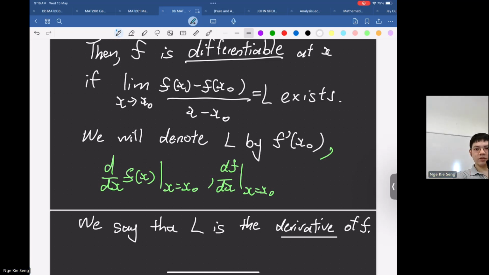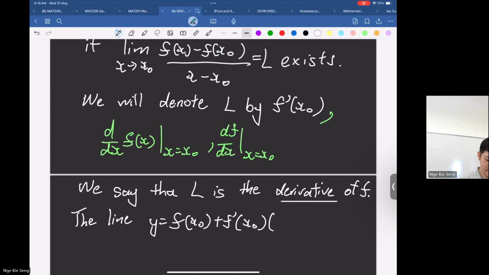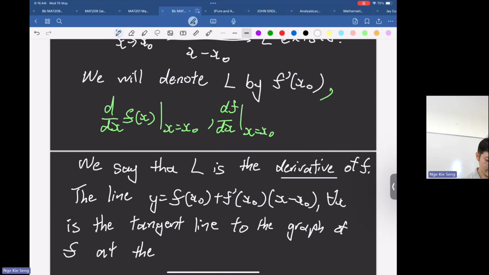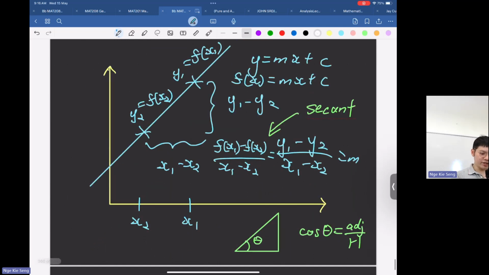So let me put here, the line y equals f(x0) plus f prime of x0 times x minus x0, for all x, is the tangent line to the graph at the point x0, f(x0).